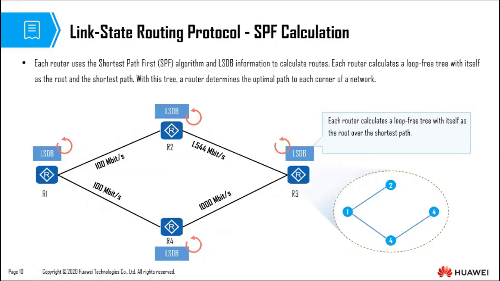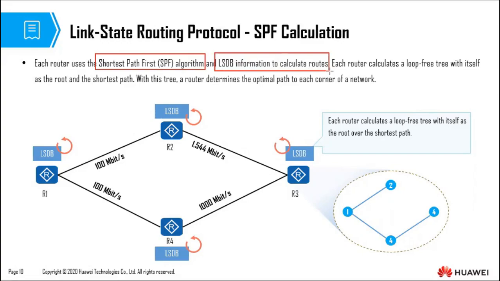Now, OSPF uses an algorithm that we call the shortest path first algorithm. Now, we have said that the LSDB will contain information about all the interfaces.